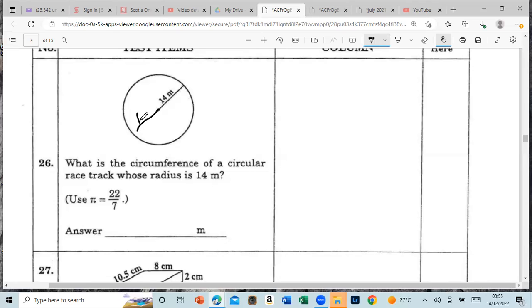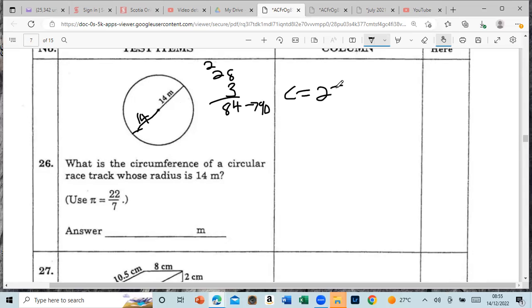So the diameter would be 28. 3 times 8 is 24. I'm going to work it out. 3 times 2 is 6 and that's 84. So it's between 80 and 90. The answer lies between there because it's 3 and a bit, 3 times and a bit. So that's how they come to the 3.1. Well, let us work it out. So the circumference of any circle is 2 pi r.